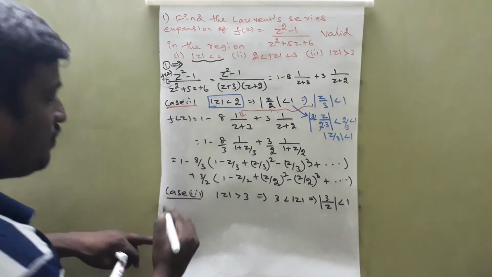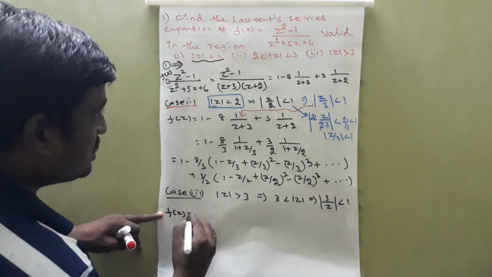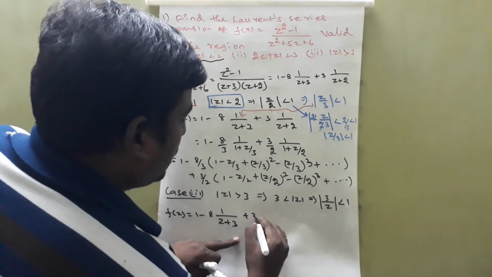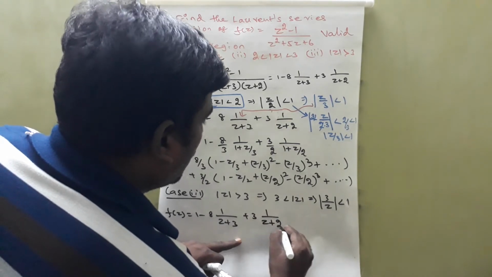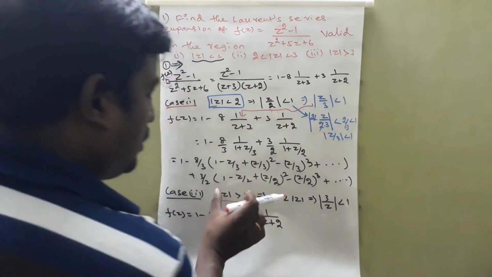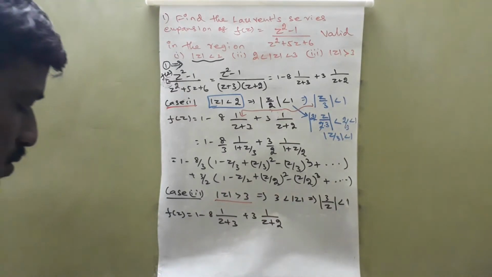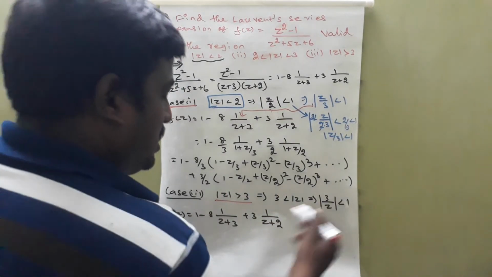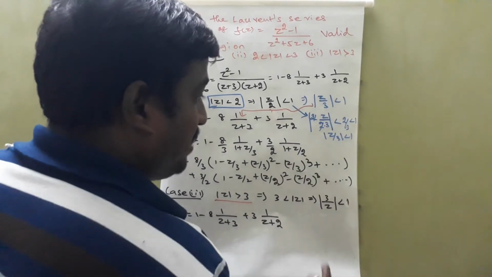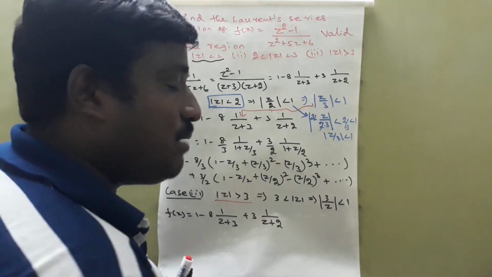Now write the function. What's my function? My f of z is 1 minus 8 into 1 by z plus 3, then plus 3 into 1 by z plus 2. Already I told that you have only one term. So the existing condition is 3 by z less than 1. The second condition is also a similar type, that is numerator number, denominator z.